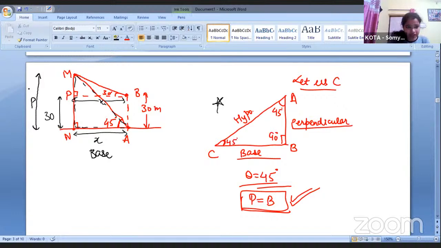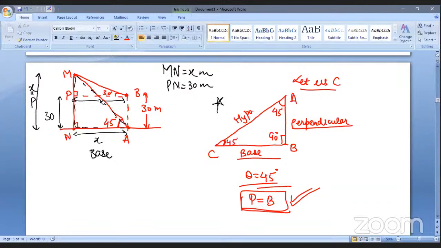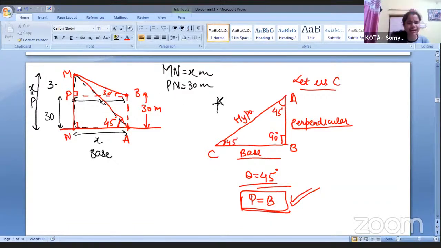So this will be x. This whole will be equal to x. So basically it is also x, because they will be equal, it is a rectangle, and this is also x. So if this whole length MN is x, and if PN is 30 meters, so what would be MP? X minus 30.